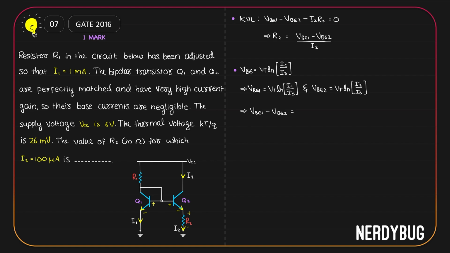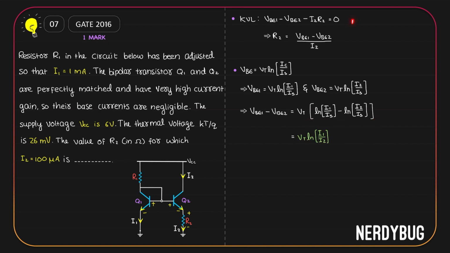So that will be Vt multiplied by log of I1 by Is minus log of I2 by Is. Now, log of x minus log of y is log of x by y. Here, if you divide I1 by Is with I2 by Is, Is and Is will get cancelled and we get I1 by I2. So this entire thing simply becomes log of I1 by I2.